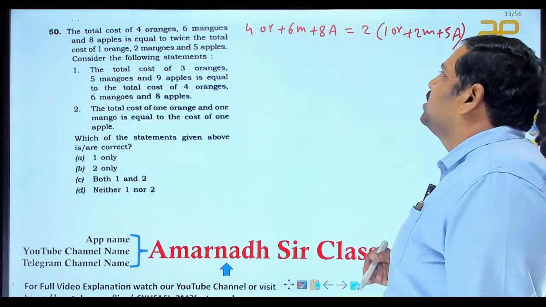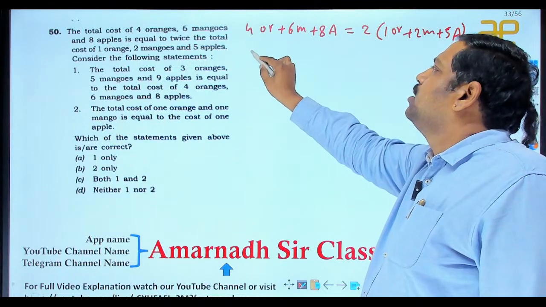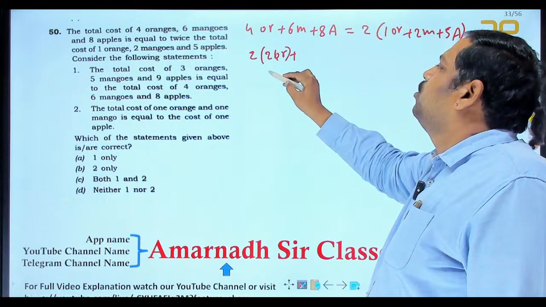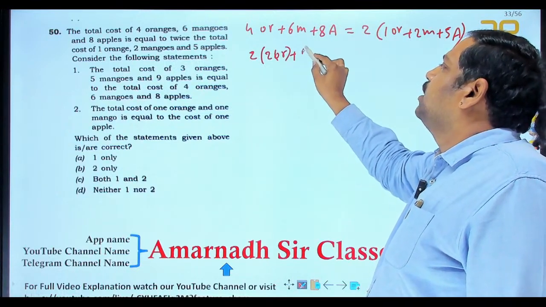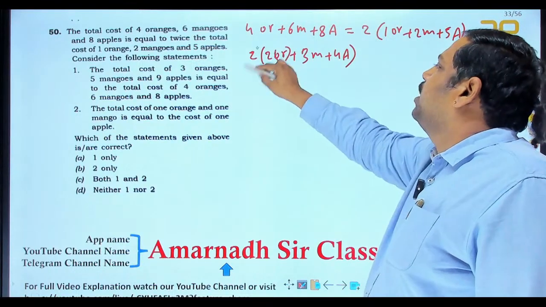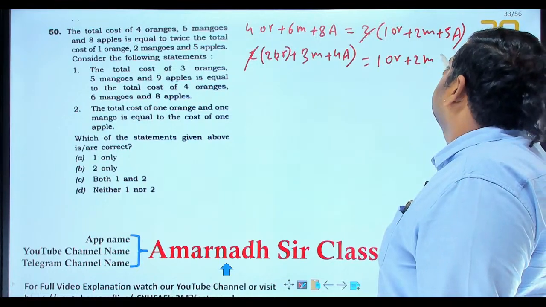Answer the following statements. Here, can I take 2 common in all these? So 2 times of 2 oranges plus 3 mangoes and 4 apples. These two are equal now. The 2 gets cancelled. This is equal to 1 orange plus 2 mangoes plus 5 apples.